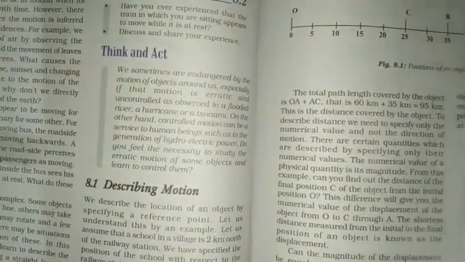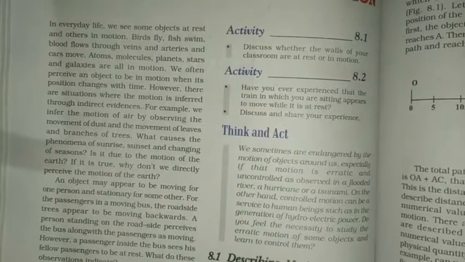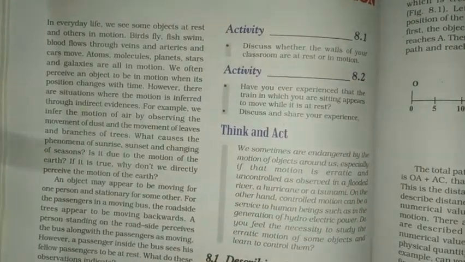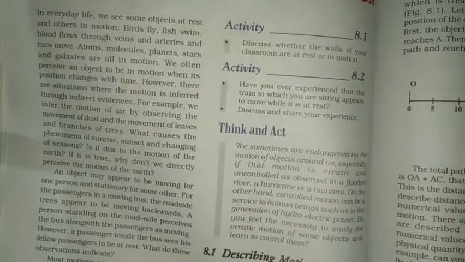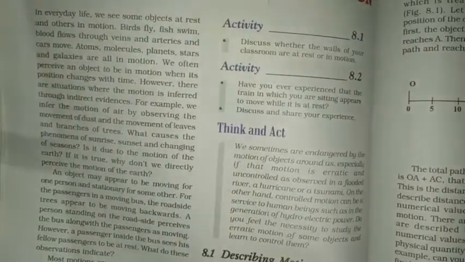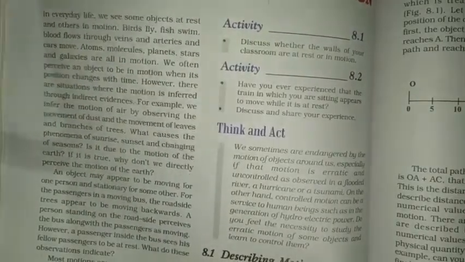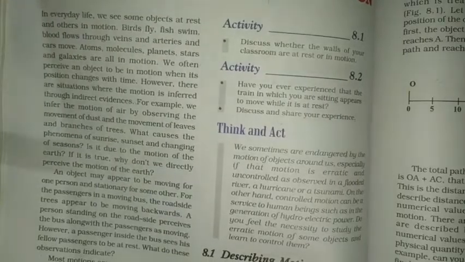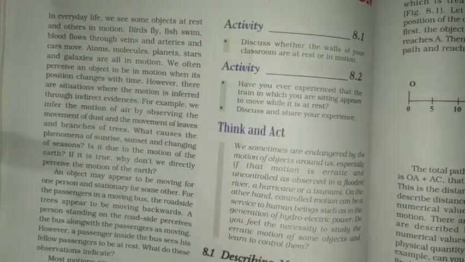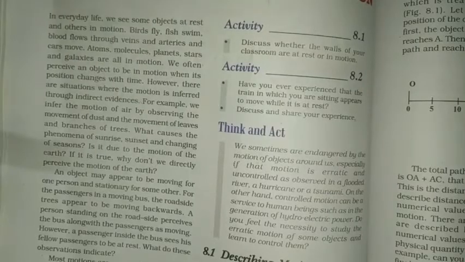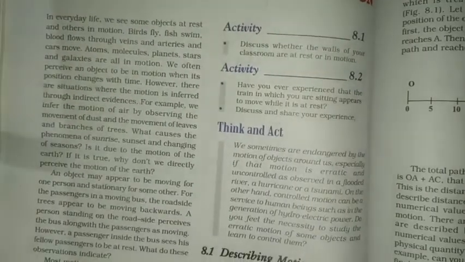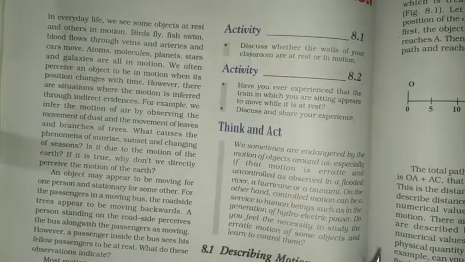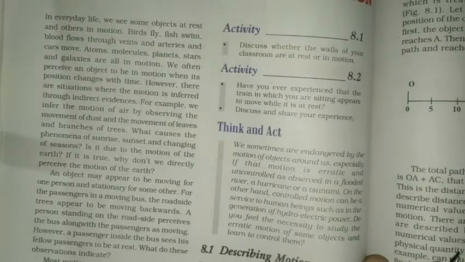Correct? So, let me recall the terms I taught you earlier, which are related to this chapter. If any object changes its position with respect to time, with respect to a fixed point, then the object is said to be in motion.